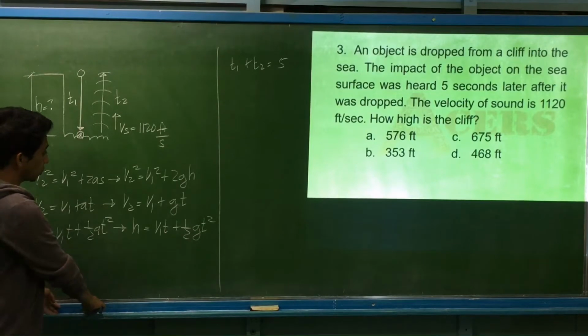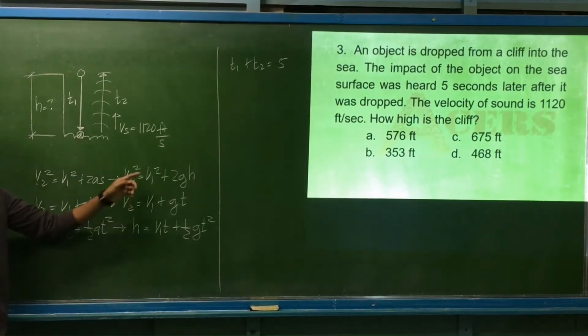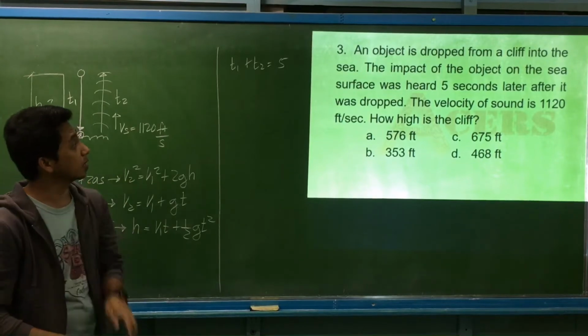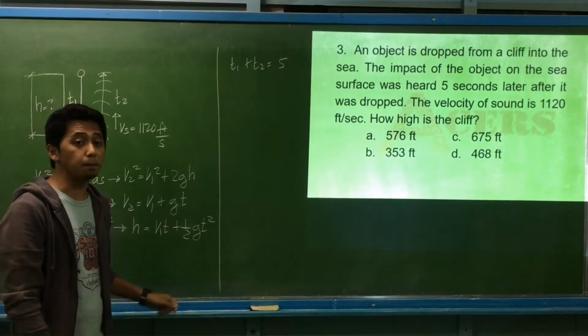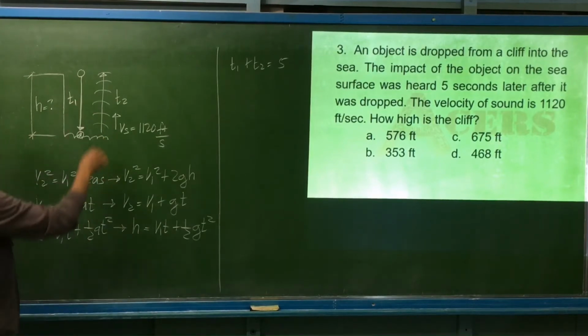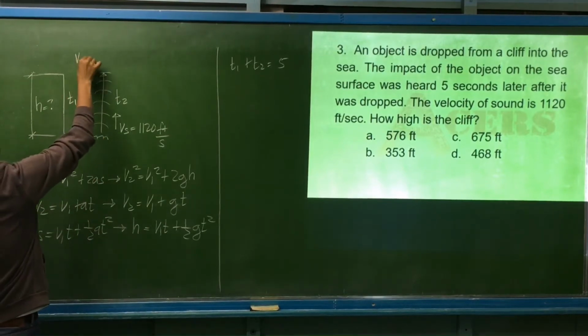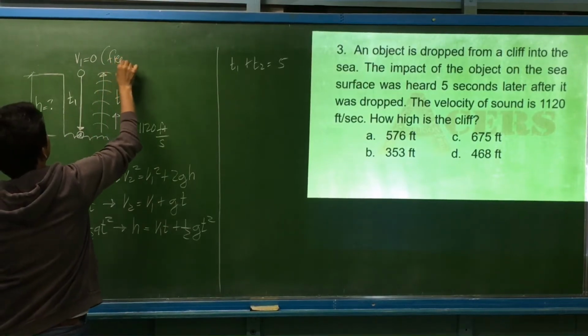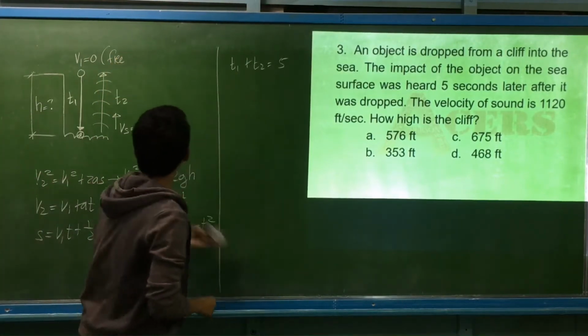So what is the most suitable equation for this case? If we have the term an object is dropped, or an object is just released, we are assuming that the initial velocity is 0. This is free fall.